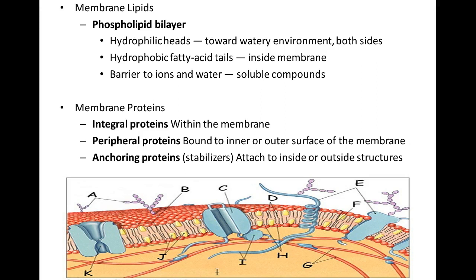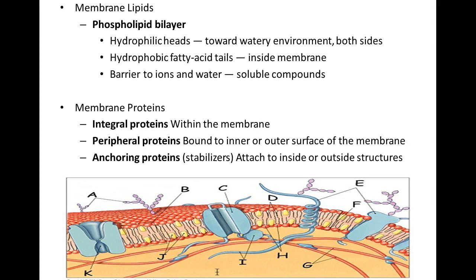You also have peripheral proteins that can be bound to the outside or inside of the membrane. A type of peripheral protein here is I. Peripheral proteins are also identifier proteins. So peripheral proteins can sometimes be moved off the membrane or put on the membrane without actually affecting the whole cell itself, whereas integral proteins can't. You can't take an integral protein out of the membrane and keep the cell alive.